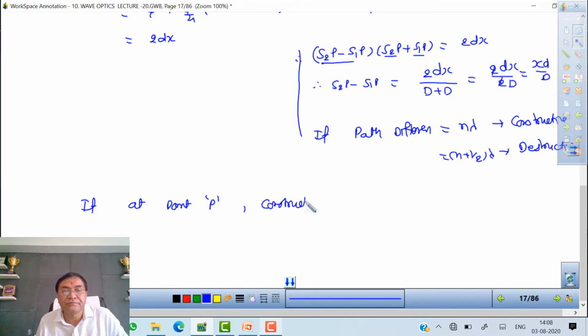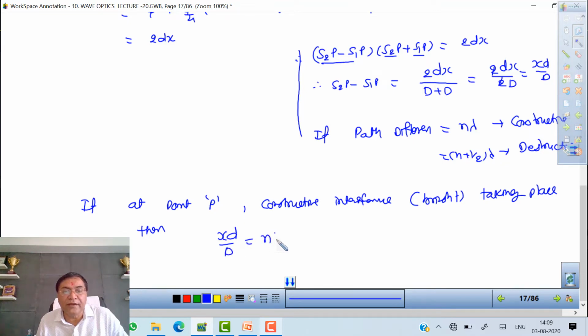So if at point P constructive interference, it means bright fringe is taking place, then xd upon D must be equal to n lambda.